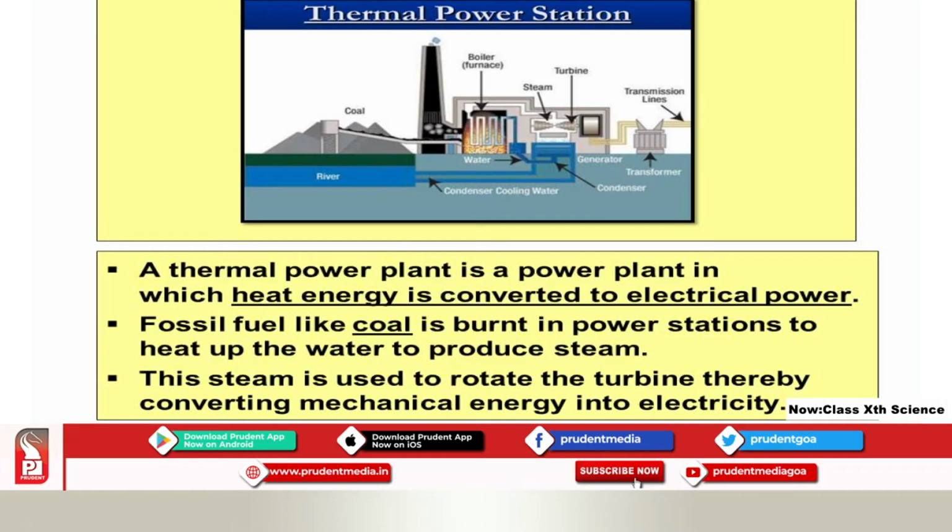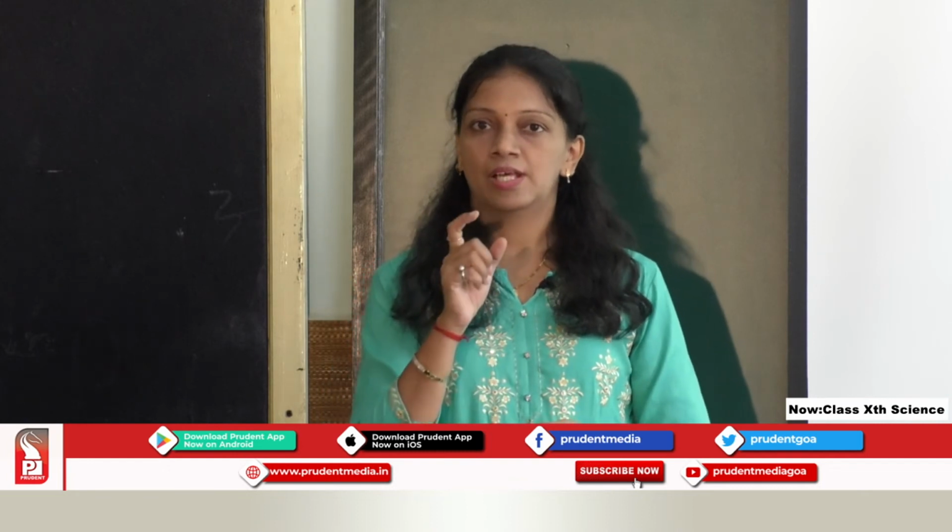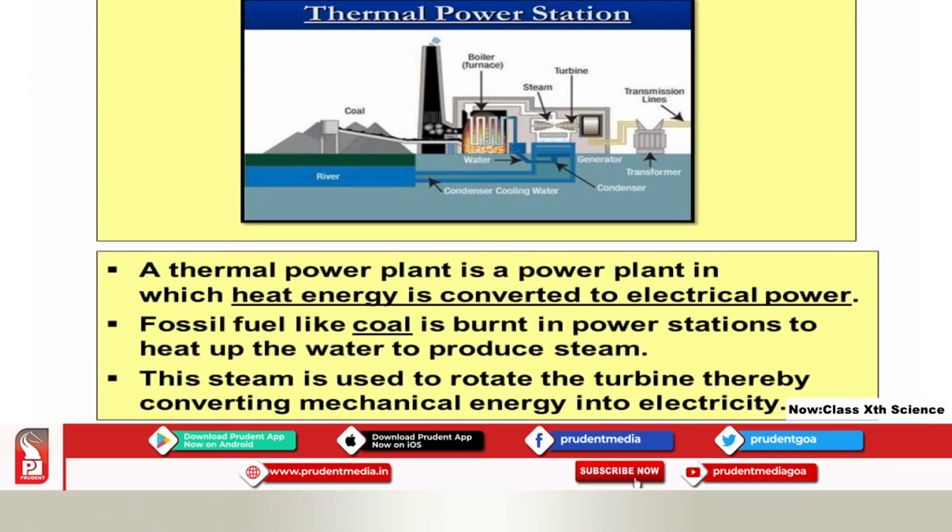So, fossil fuel like coal is burnt in power stations to heat up the water to produce steam. This steam is used to rotate the turbine, thereby converting mechanical energy into electricity. So, this is how the thermal power plant works. We have to remember the source used in a thermal power plant is coal.